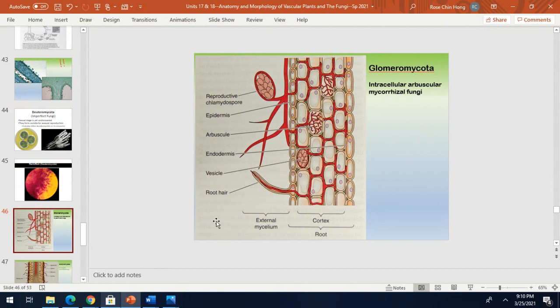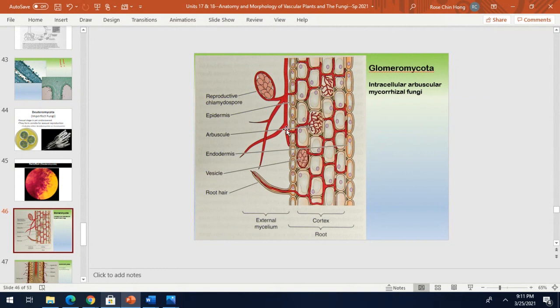And then what do they have here? They have a symbiotic relationship where the plant can get more minerals, because it's limited in how far the roots grow. So the hyphal growth and the mycelial growth have a wider area.